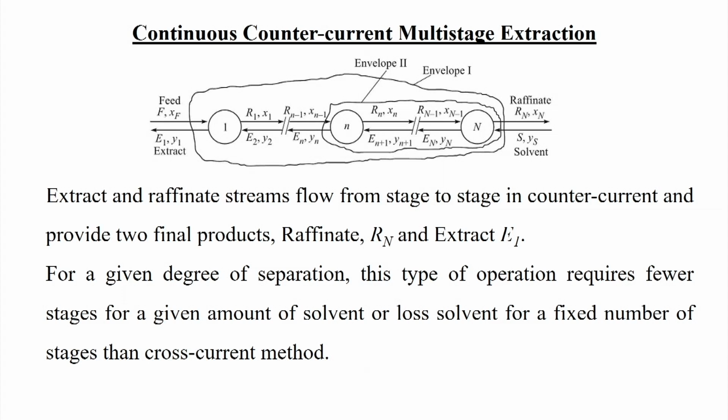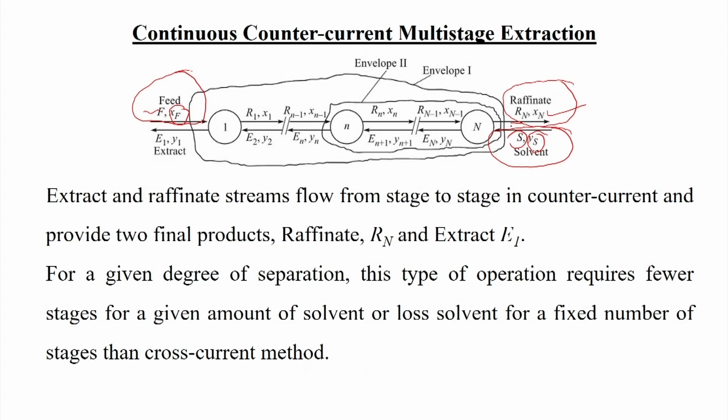In this case, the feed is entering from one side of the system, with feed flow rate F and a solute concentration XF, and the raffinate is exiting from the other side of this extraction unit, with solute concentration Xn and flow rate of the raffinate Rn. On the side from where the last raffinate is exiting, the solvent is added, with solvent flow rate S and solute concentration Ys. That Ys may be 0 in some cases.